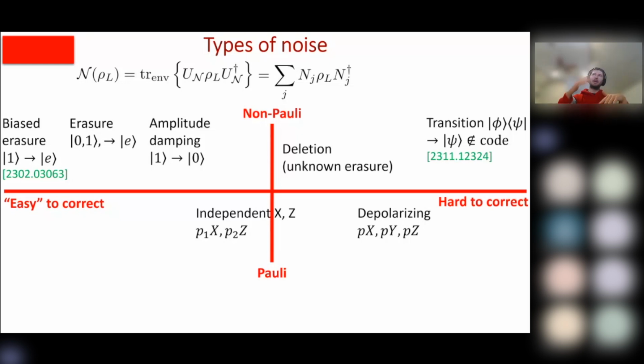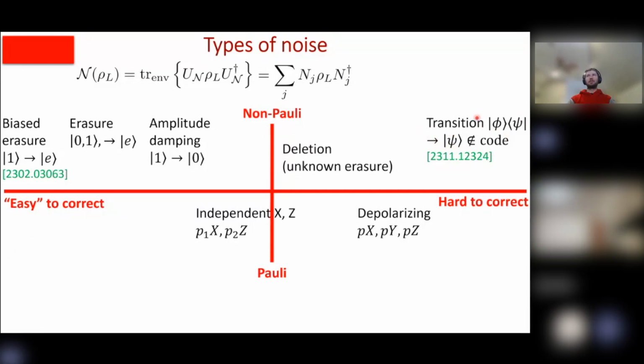But in a molecular or atomic environment, you can. And this becomes a problem because if you have an error that's a single outer product between some states, phi and psi, it means that you cannot use psi to construct a code at all, because it's just impossible to correct this kind of error.